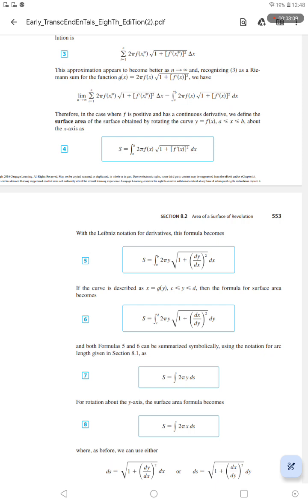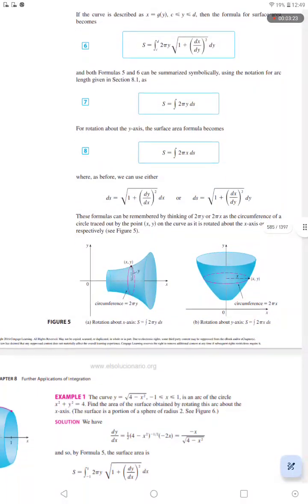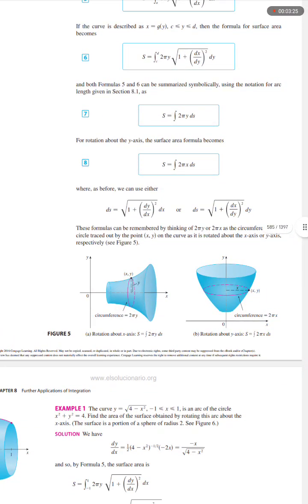And both formulas 5 and 6 can be summarized symbolically using the notation for arc length given in section 8.1. As equation 7, big S equals the integral of 2 pi y ds.